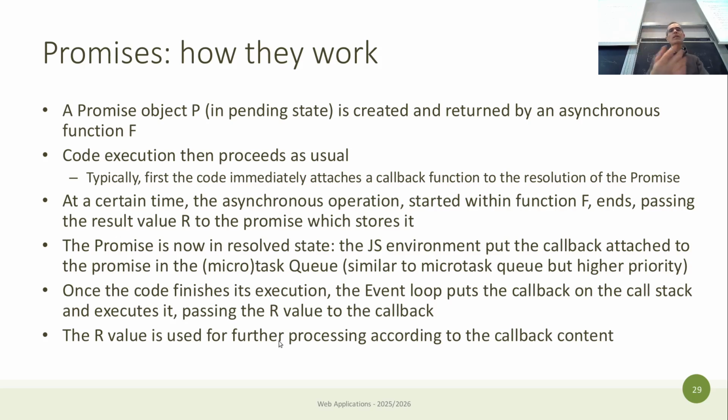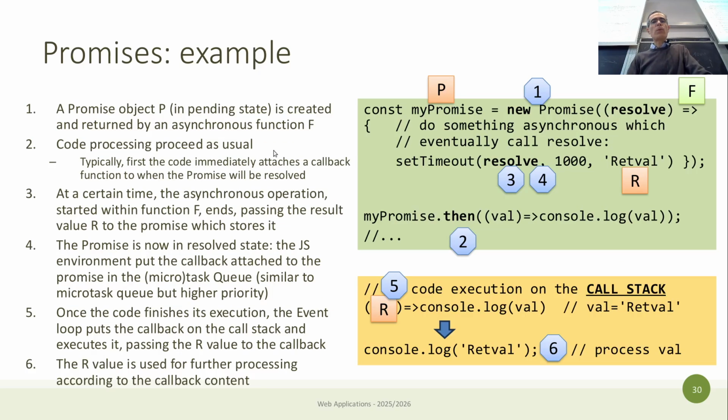So that's the whole explanation, but this full explanation is also reported here. Okay, so let's have a look at the code here on the right, and what's happening, that is described on the left part of the slide.